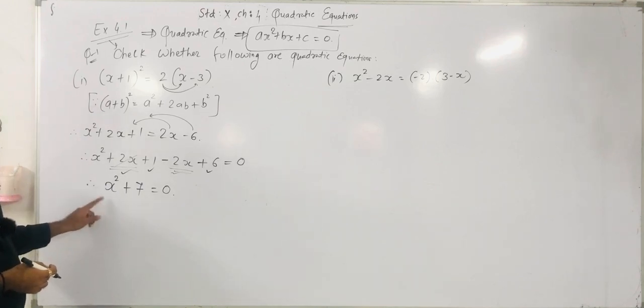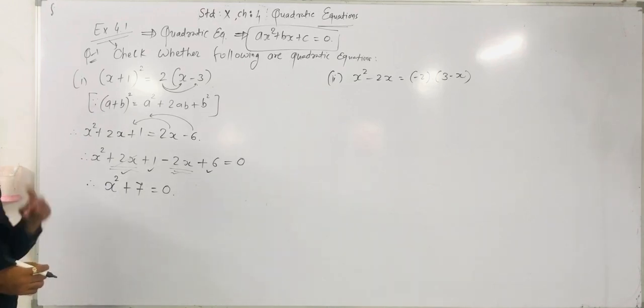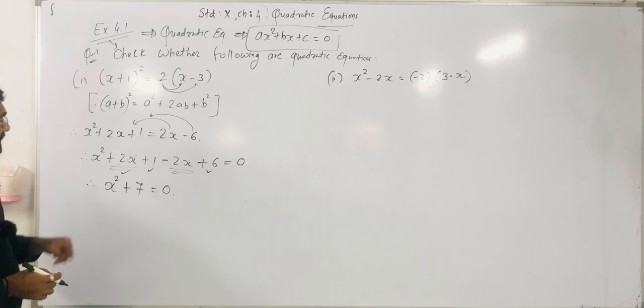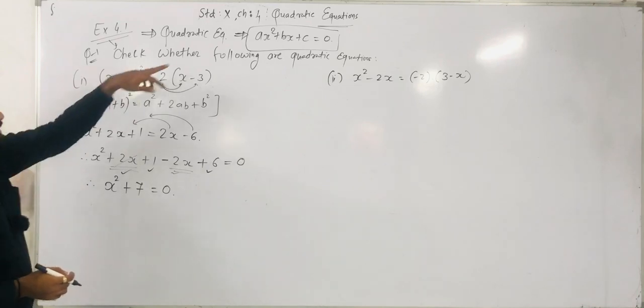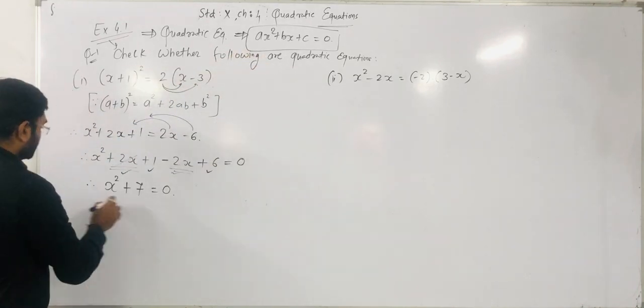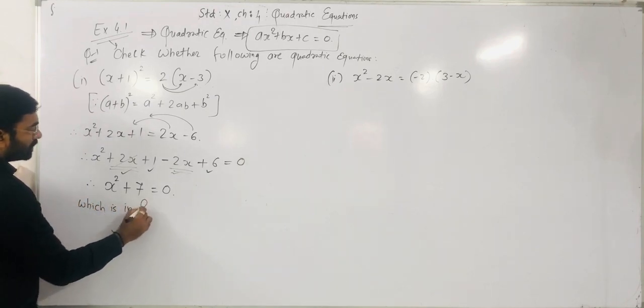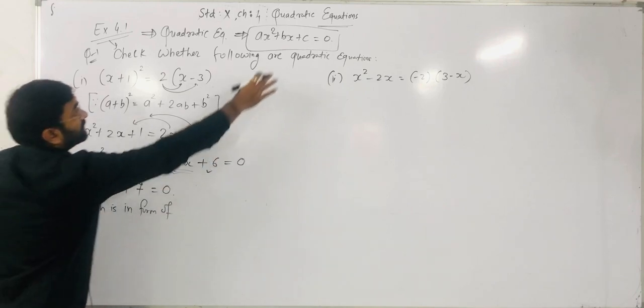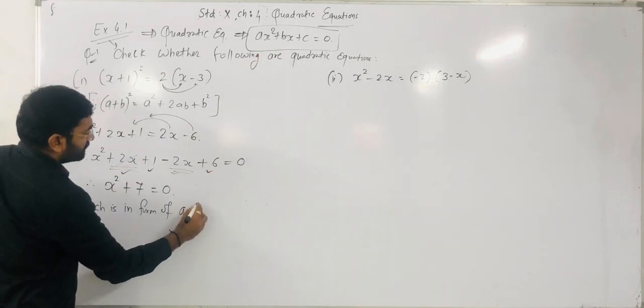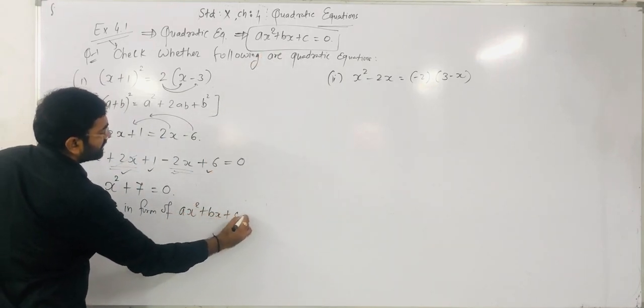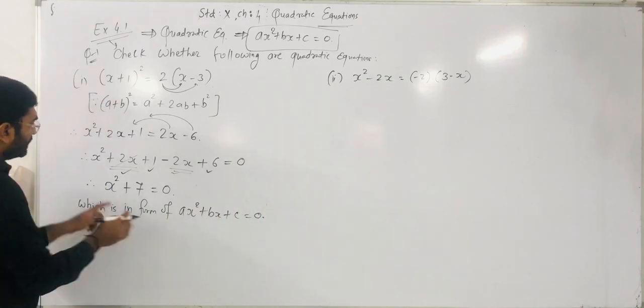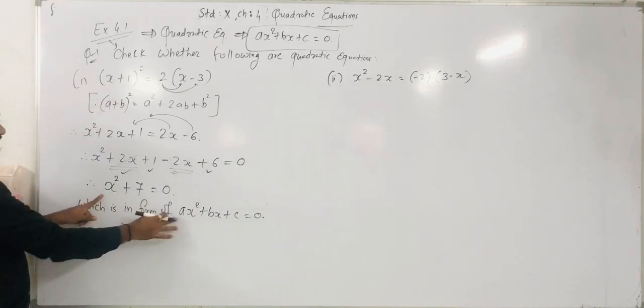So in that equation, you can say its degree is 2. So we can say it is in the standard form ax² + bx + c = 0. Here ax² means that x², the value of a is 1.